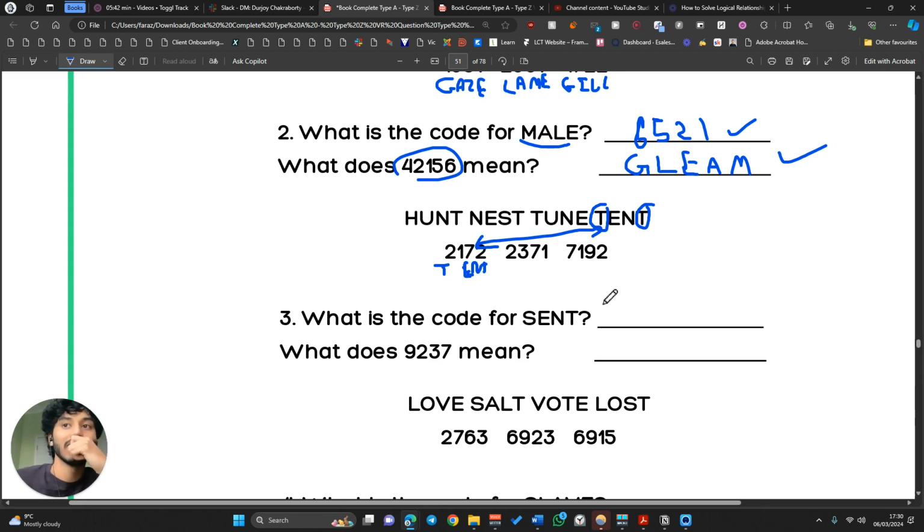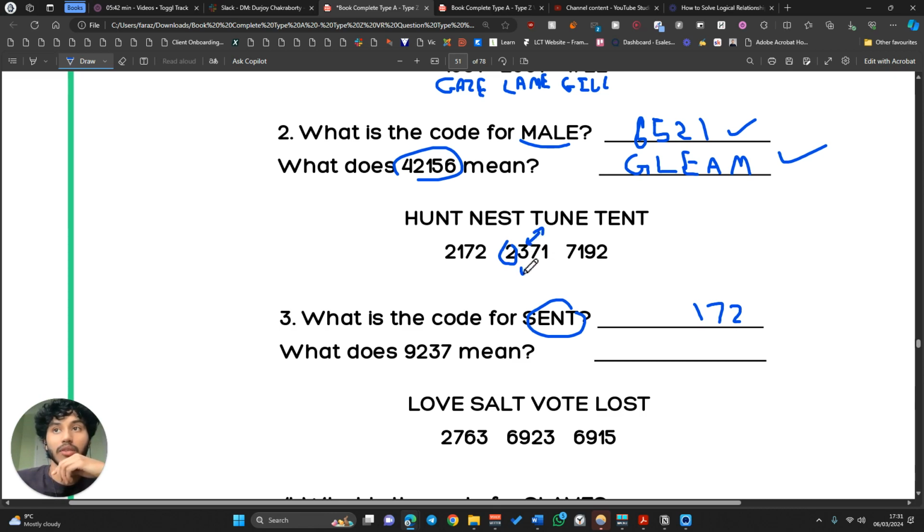Can we actually figure out what this code is just from that? Well, we can figure out what the last 3 letters are going to be. It's going to be 1, 7 and 2, because we've got ent here. We need to know what S is before we can finish that first section of the question. Let's have a look. Well, we know that T is 2, and the only other word here with T is tune.